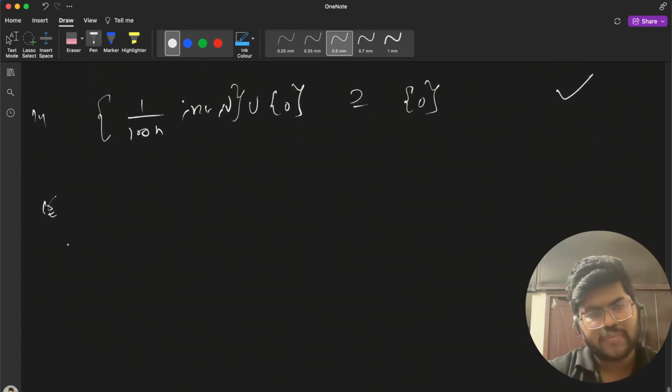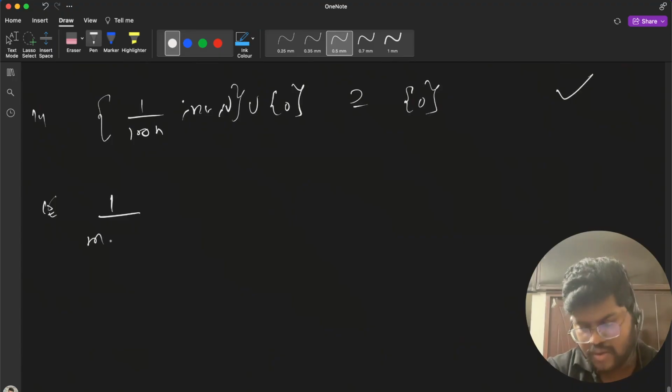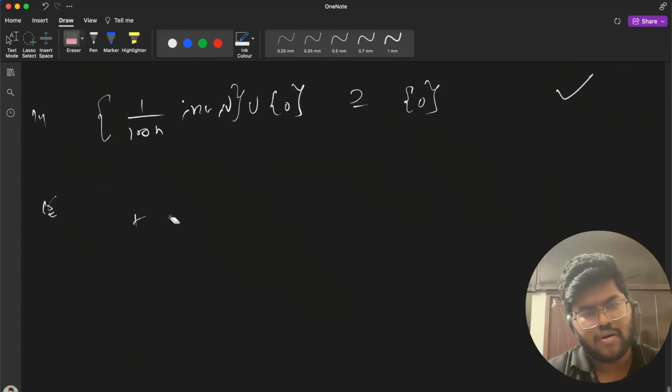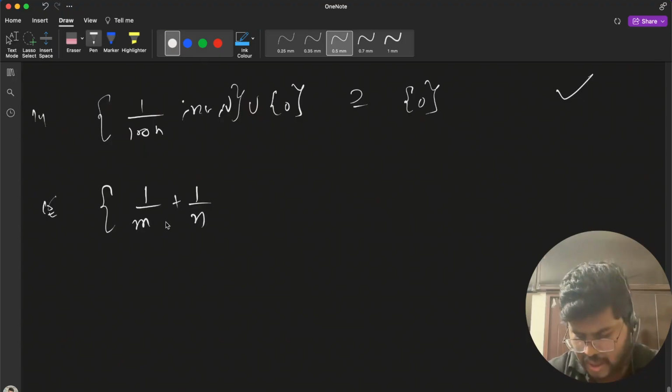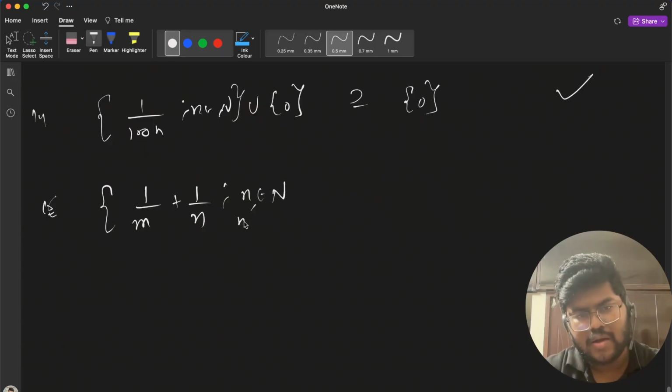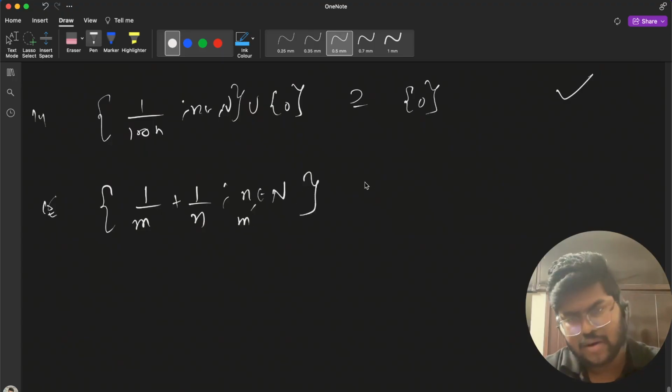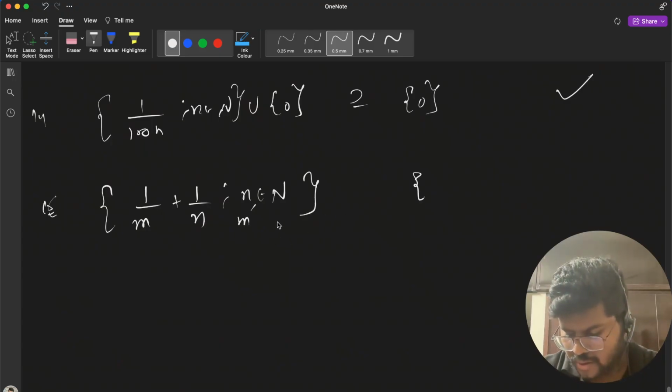Now say 1/m plus 1/n, where m and n belong to N, then the set of limit points, right? Now it is a tough task.